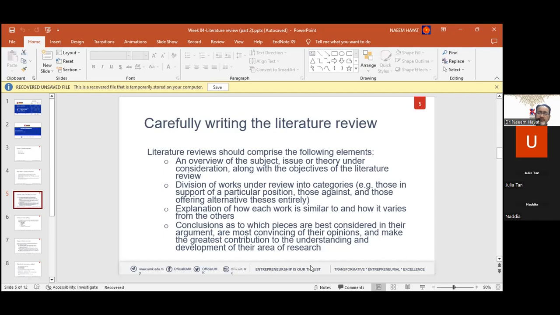And certainly we need to understand how to write the literature. The first thing is understanding the subject overview and the theories under consideration, along with the objective of the literature review. Next, division of the work under review into categories. These categories can be those in support of a particular position, those against, and those offering an alternative.